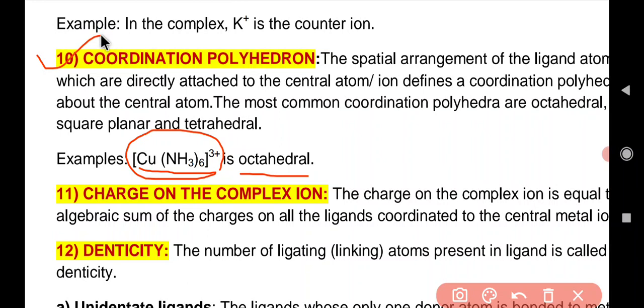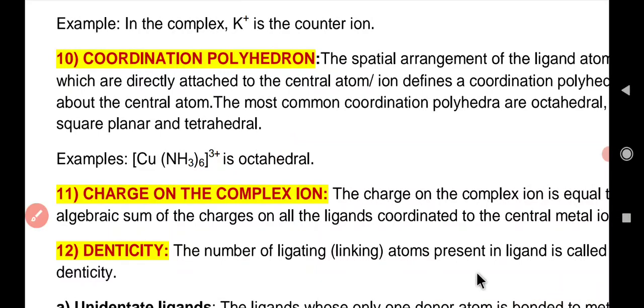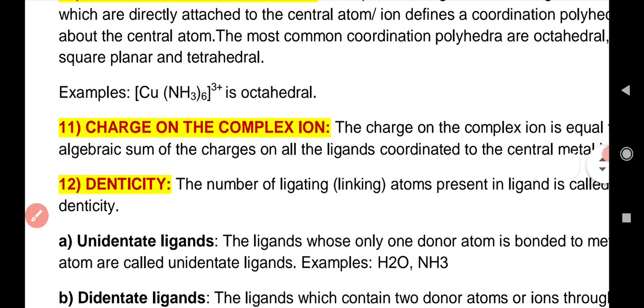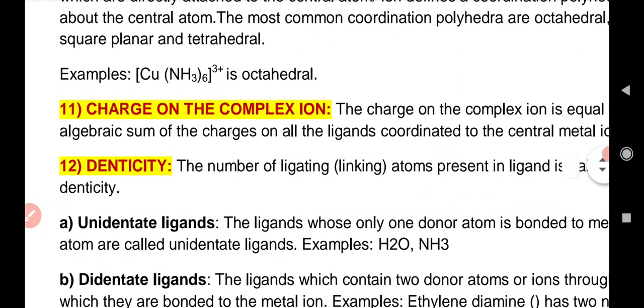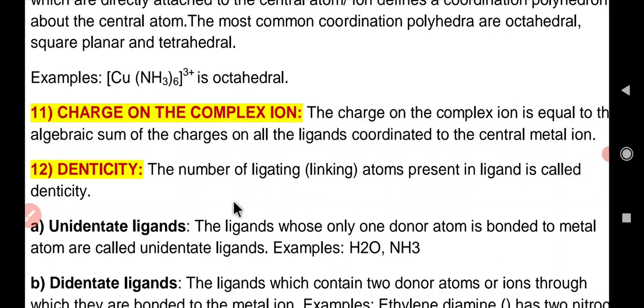In today's class, we are going to discuss the charge on the complex ion. The charge on the complex ion is equal to the algebraic sum of the charges on all the ligands coordinated to the central metal ion.